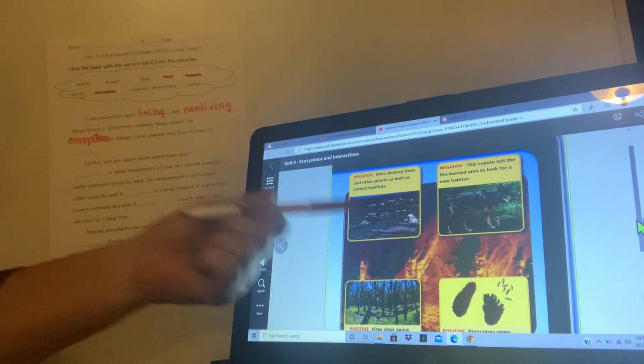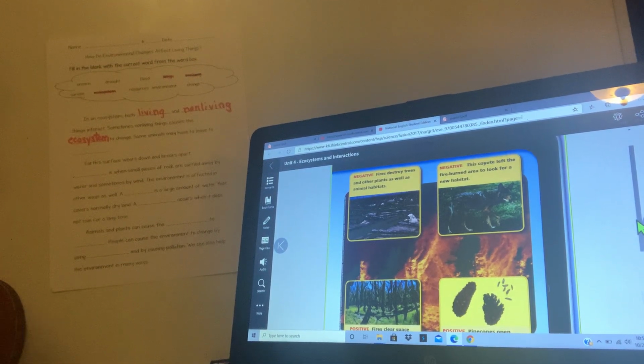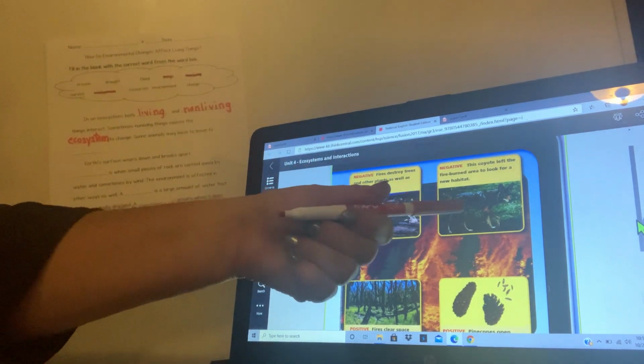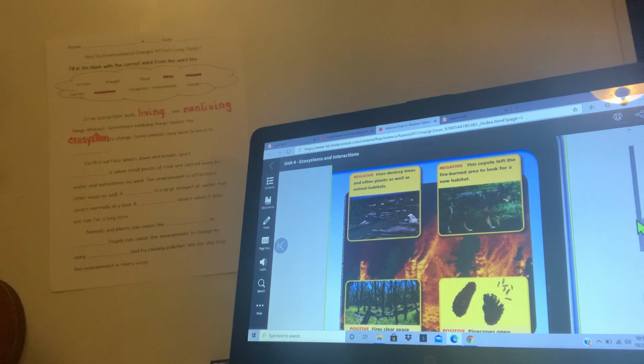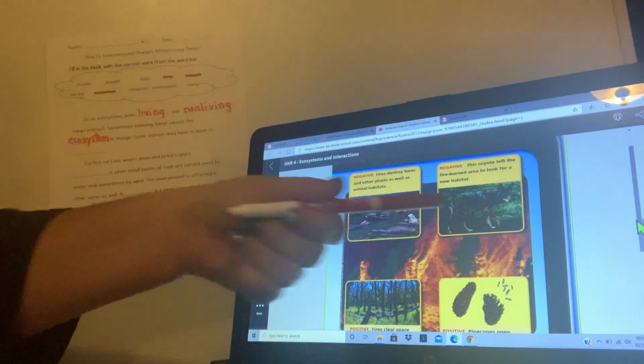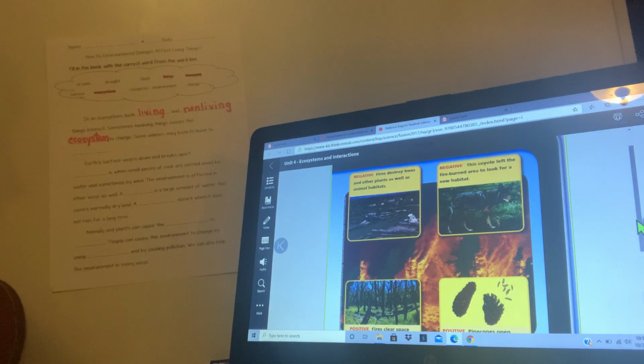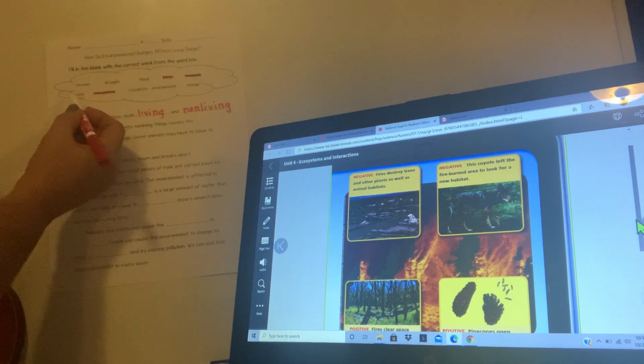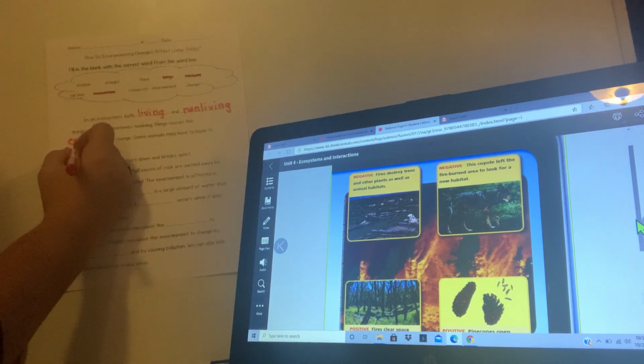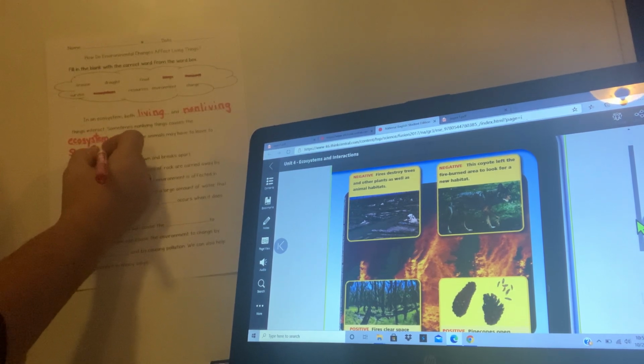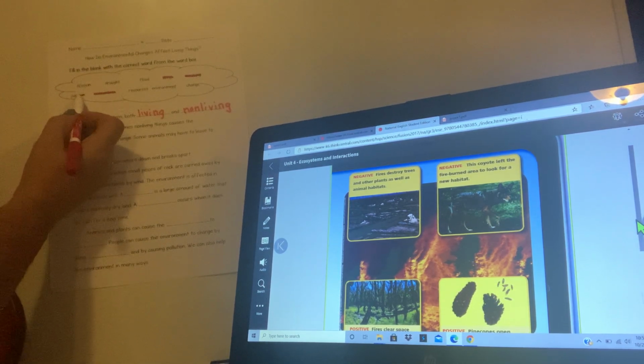Well, if these habitats are destroyed, then they have to relocate to find new habitats, just like this coyote did over here. It's trying to find somewhere where it has plants and grass and even some water so it can what? So it can survive. Survive, and cross it off.